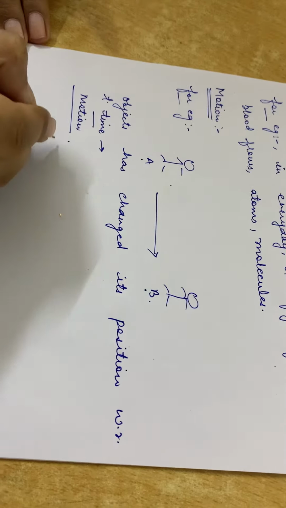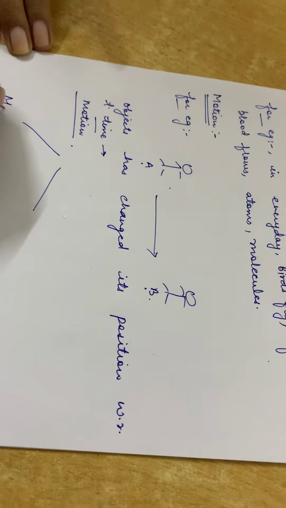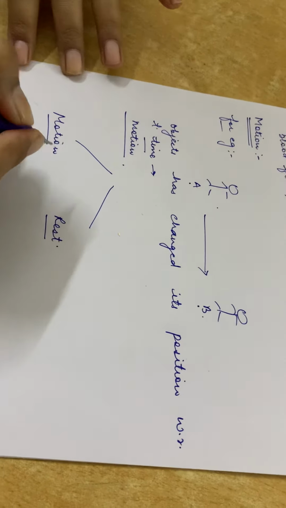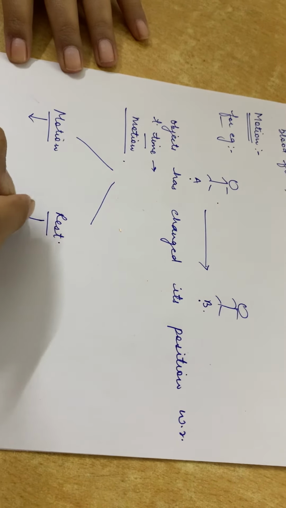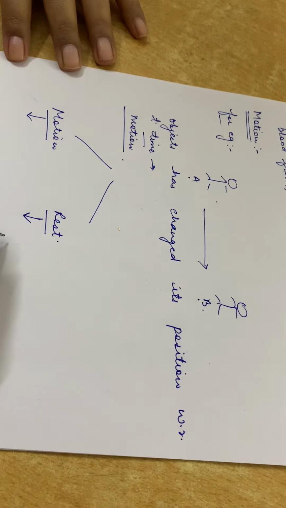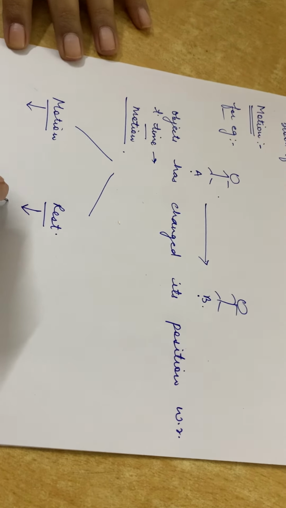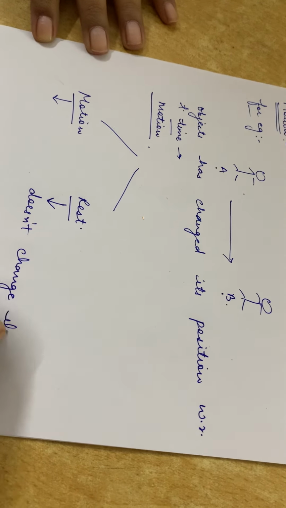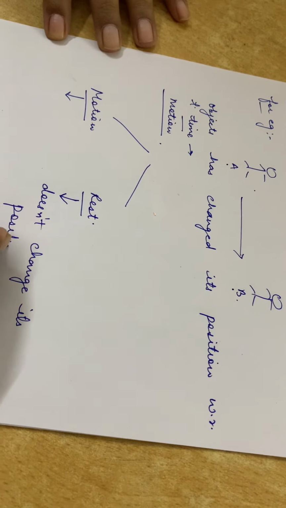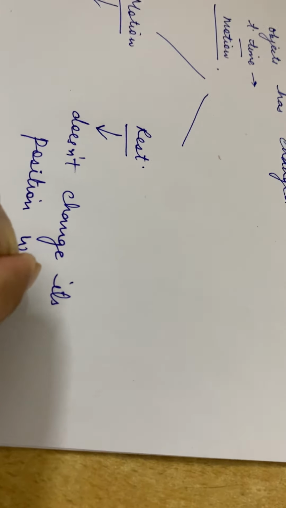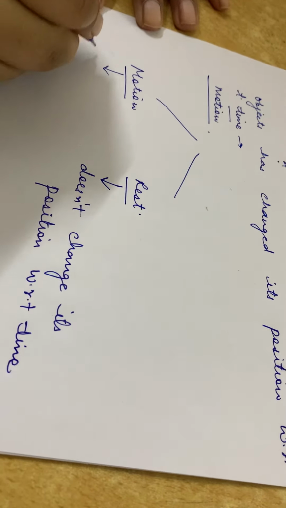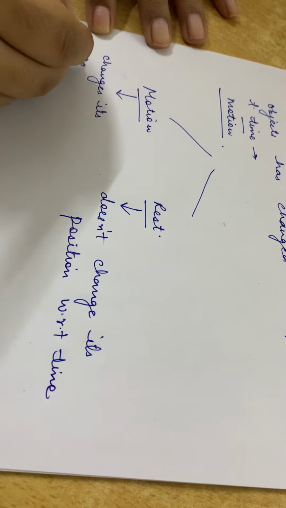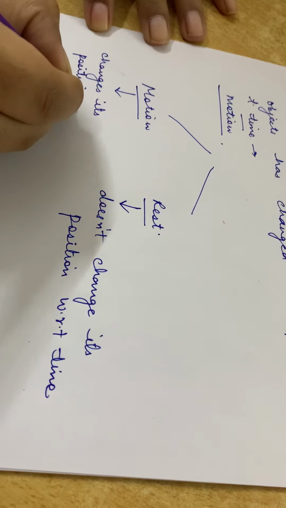In physics, we talk about two different terms, that is motion and rest. The major difference over here is that in rest, the object does not change its position with respect to time. And in motion, object changes its position with respect to time.